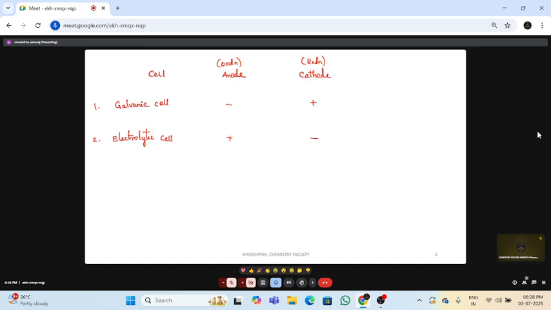But don't get confused. Now we know why the anode in a galvanic cell got negative charge and the cathode got positive charge. We just stop there. In the electrolytic cell, we'll discuss it in the future. Do you have any doubt till now?